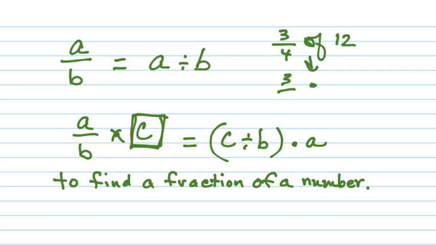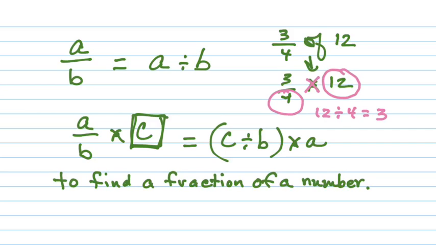So that's 3/4 times the 12. I turn the "of" into multiplication, and then I take the 12 and divide it by the 4, good, which gives me a 3. Then I multiply that 3 times the 3 on the top, which gives me 9.